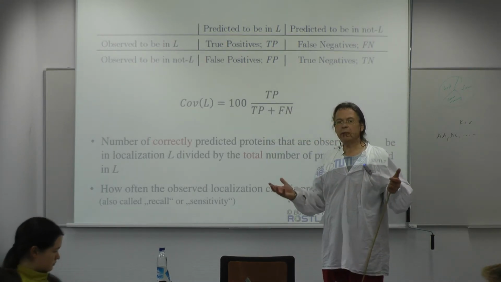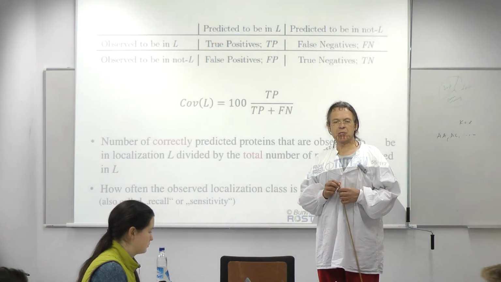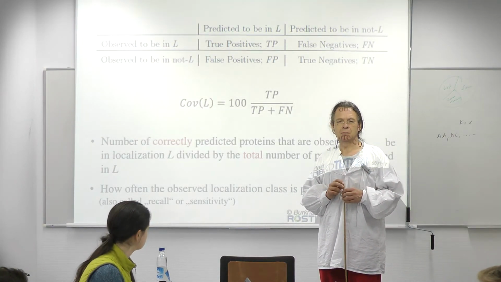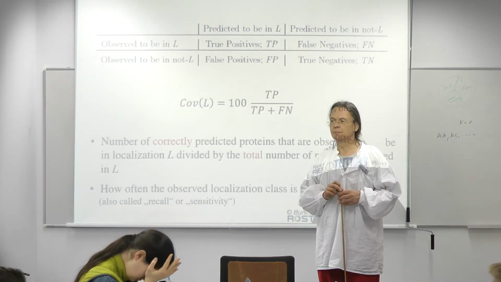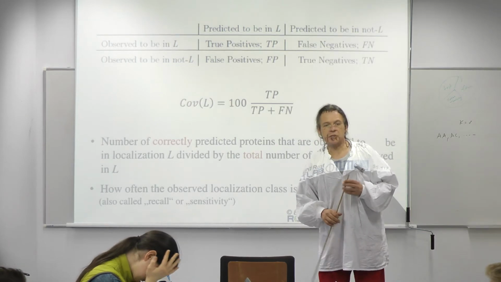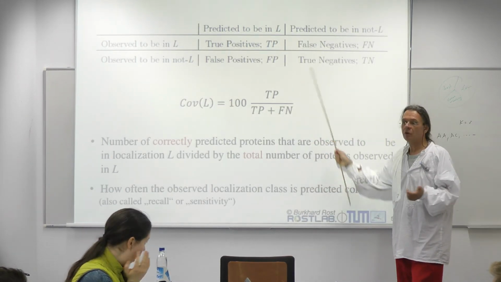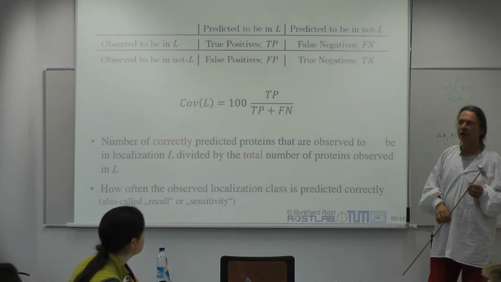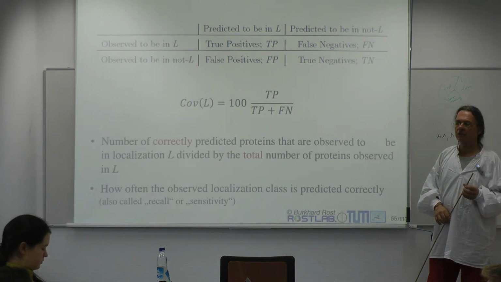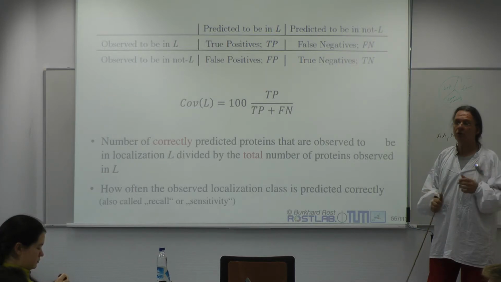Now, this still may not be all the numbers that you can think about. What else could you think about? In a more general system for subset localization, you would have a confusion matrix with 18 rows and 18 columns. So what else could you look at? You clearly ought to look at these things.